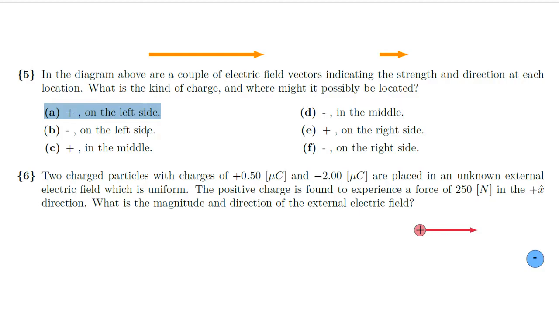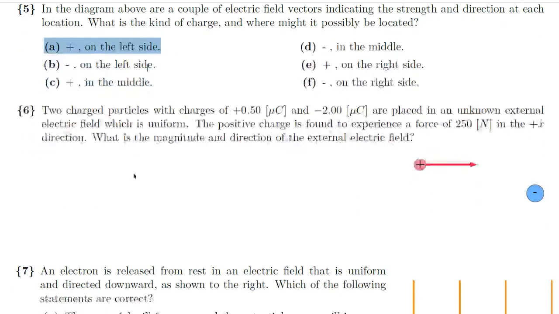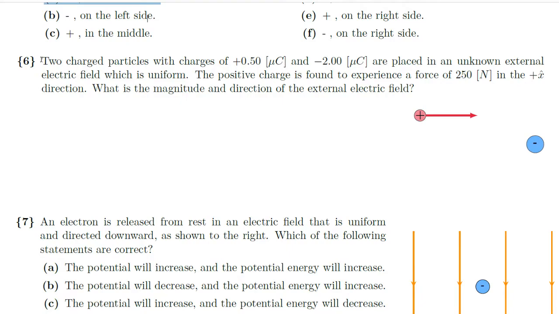So number 6. Two charged particles with charges of plus 0.5 microcoulombs and negative 2 microcoulombs are placed in an unknown external electric field which is uniform.